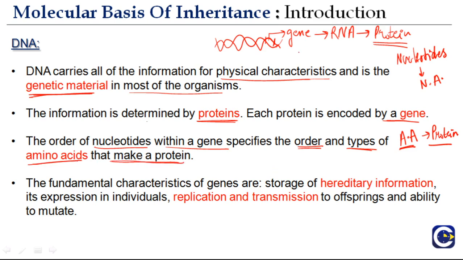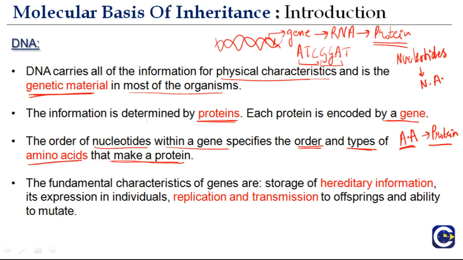The gene will have a particular sequence, for example A, T, C, G, G, A, T, and each of these will determine what kind of protein will be made. We will see that in the subsequent parts of this chapter. For now, it is important to know that there is a gene on the DNA and the order of the nucleotides within a gene specifies the order and types of amino acids that make a protein. And what are amino acids? Amino acids are the structural unit of proteins.